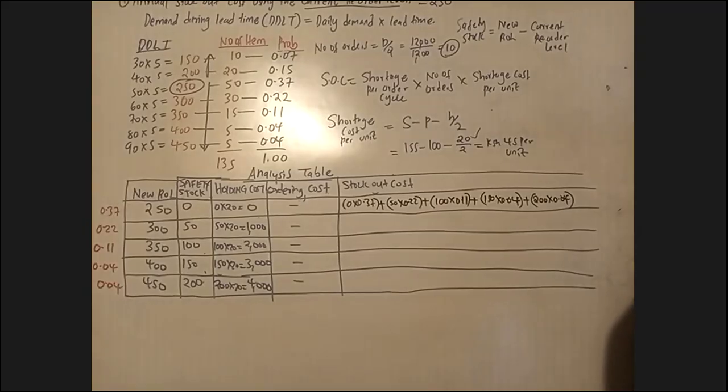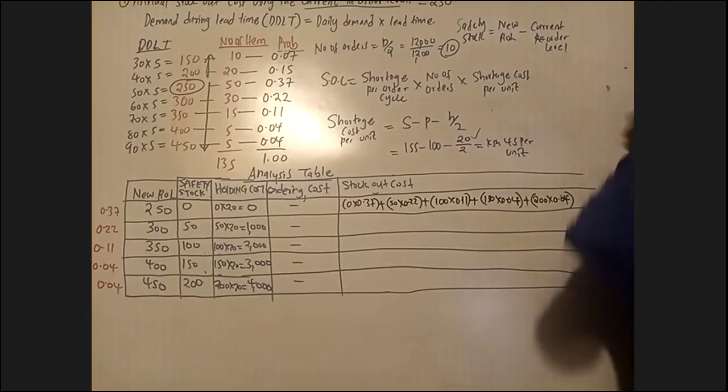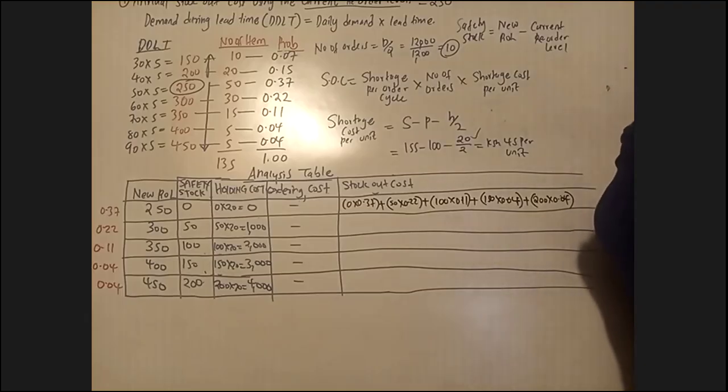Haionekani kabisa. Ama tuifanye kesho. Haya, tunaweza fanya kesho. Maybe shida kwa side yenu.